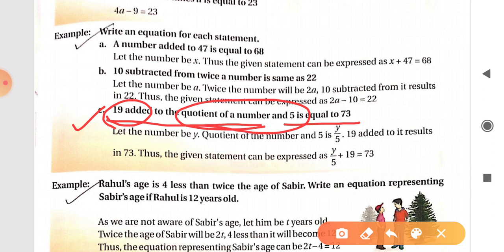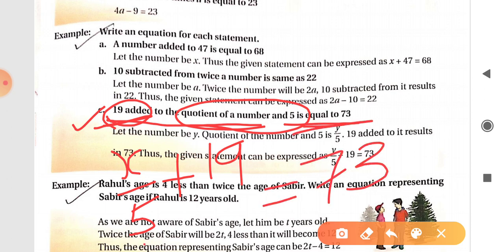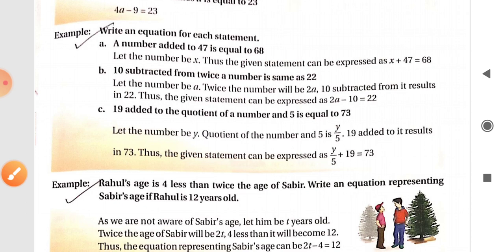So let the number be x, and the quotient of x and 5 is x over 5. Now we will add 19 to this, and it will be equal to 73. So this is the equation: x over 5 plus 19 is equal to 73.